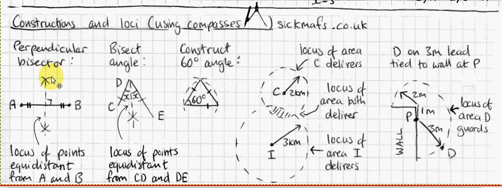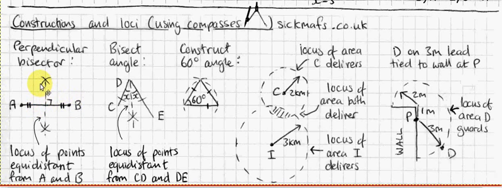What we intend to do is just create arcs, which are tiny bits of circles. So I make a bit of an arc here, and a bit of an arc here, and I just make sure that my compass is spread so the sharp bit and the pencil bit are more than half the distance away. They're spread more than half the length of the line.